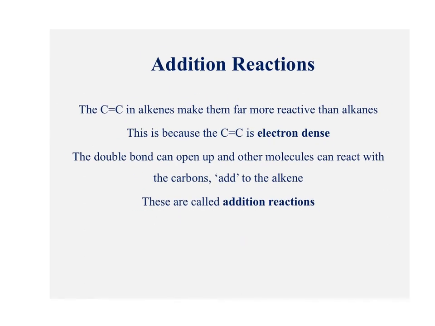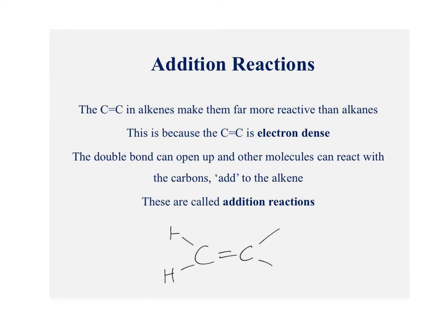Now, as well as combustion, we're going to look at something called an addition reaction. In our alkenes, and we'll draw ethene for example, we have that carbon-carbon double bond.